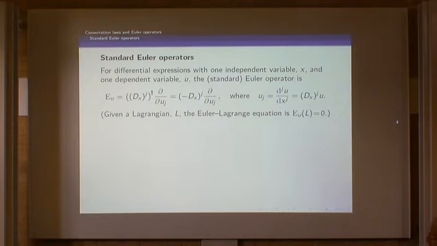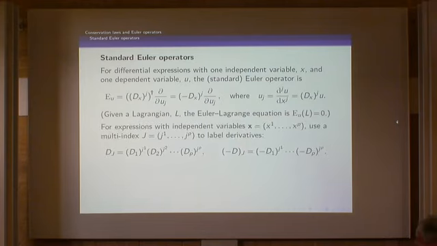Okay, so if we go back to here, the Euler operator is the adjoint of D_x to the j times the partial derivative acting on whatever. And that adjoint for the differential operator just takes every derivative and replaces it with its negative. So that's nice and easy. For expressions, yeah, so the Euler-Lagrange equation is E_u of L is 0 for Lagrangian L.